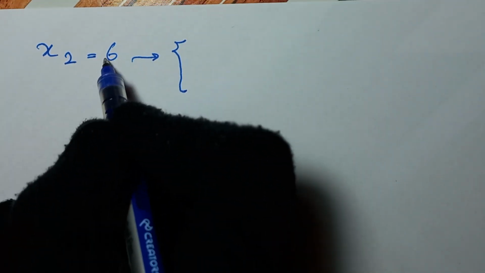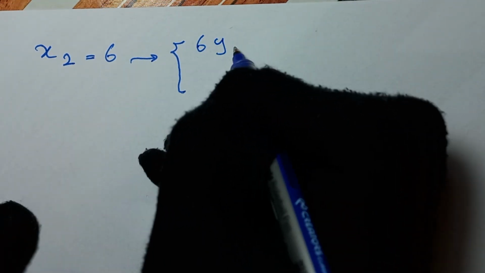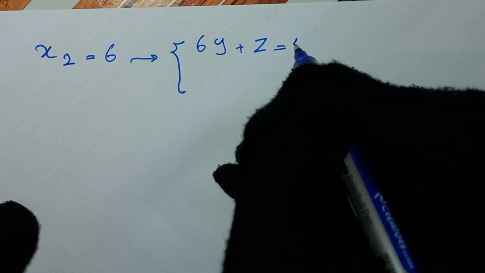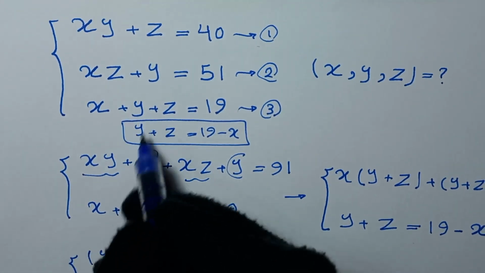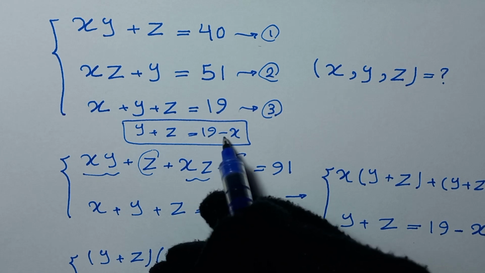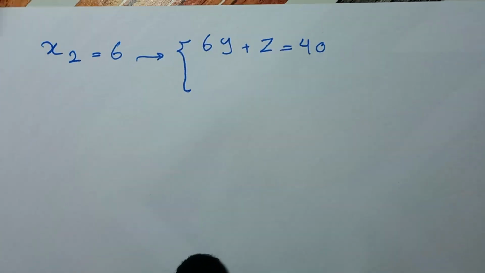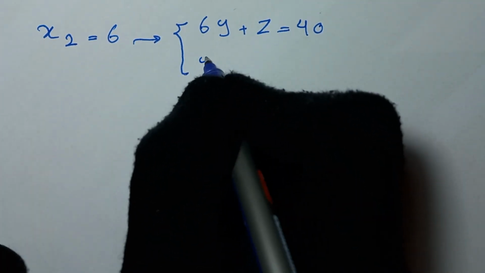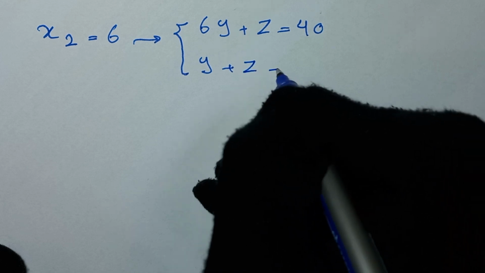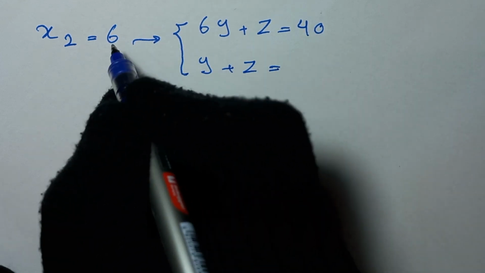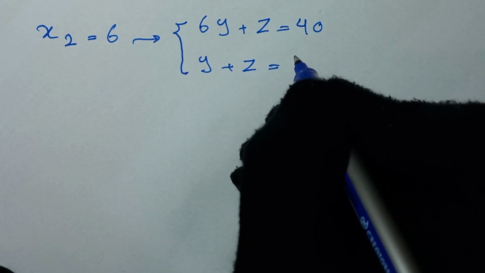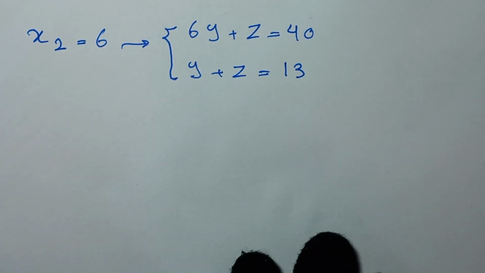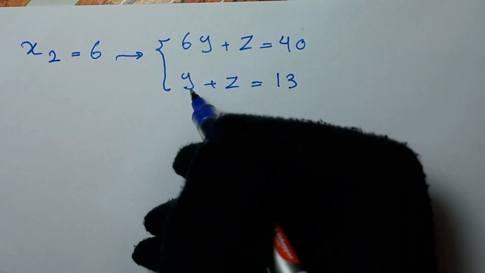So x is 6, so 6y plus z is equal to 40. And from this equation, y plus z is equal to 19 minus x. So we write y plus z is equal to 19 minus x, and x is 6, so 19 minus 6, it will be 13.